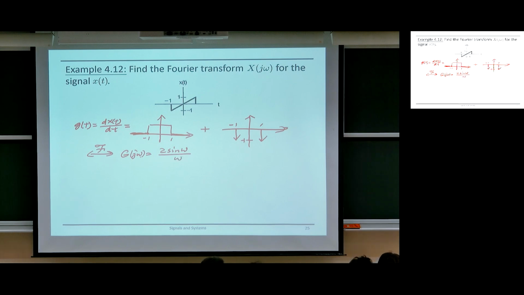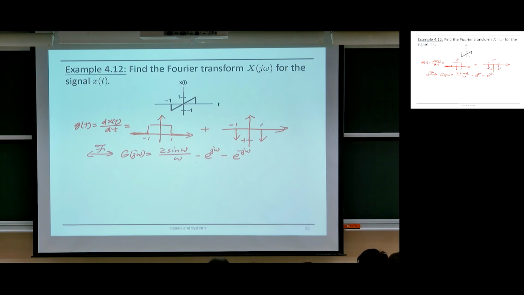And for each one of these delta functions, we have a pure complex exponential, one at frequency omega and the other at frequency minus omega.